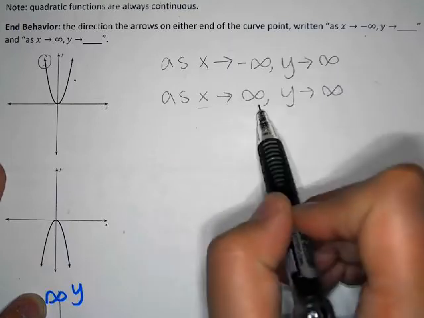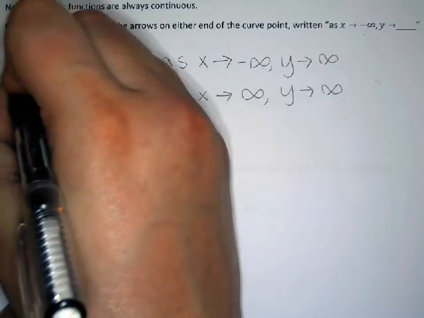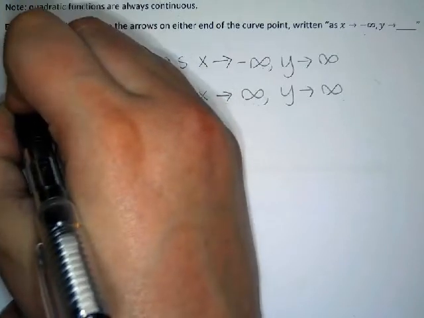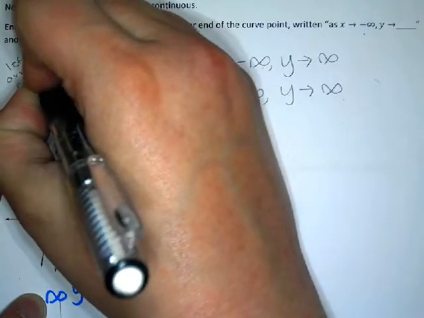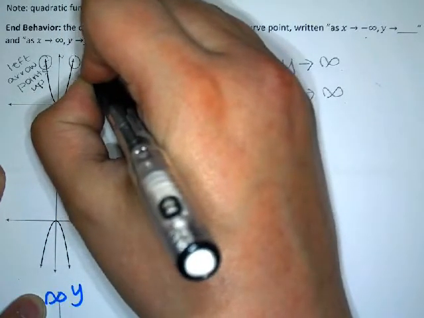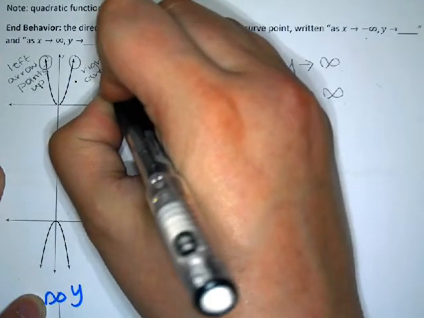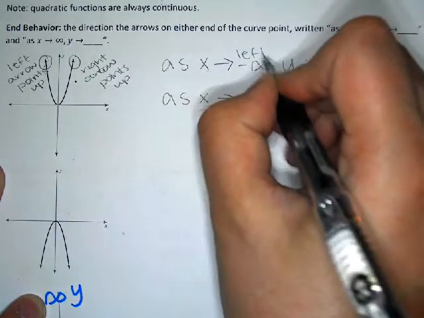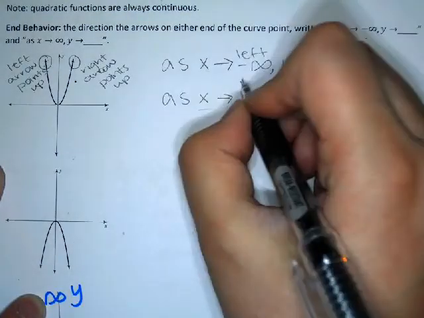So left arrow points up. And then over here, this says right arrow points up. So this is how we say left. This is how we say up. This is how we say right. This is how we say up.